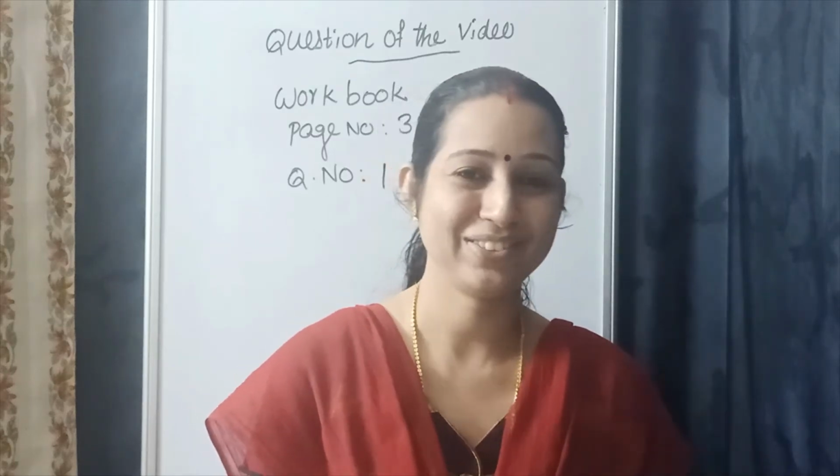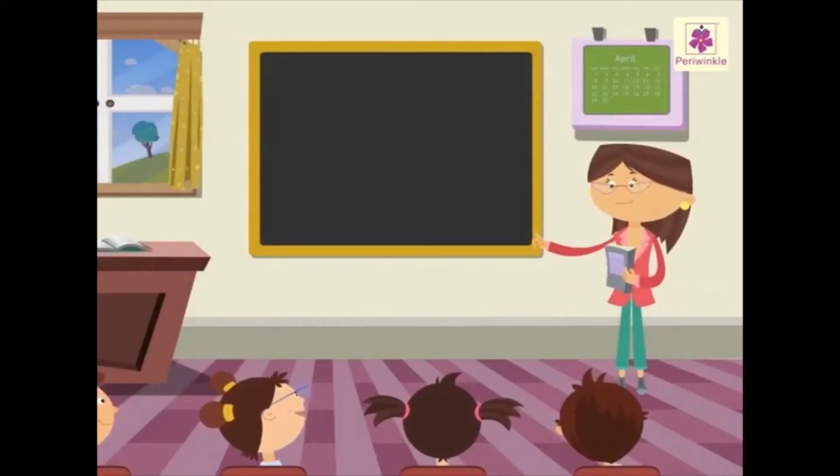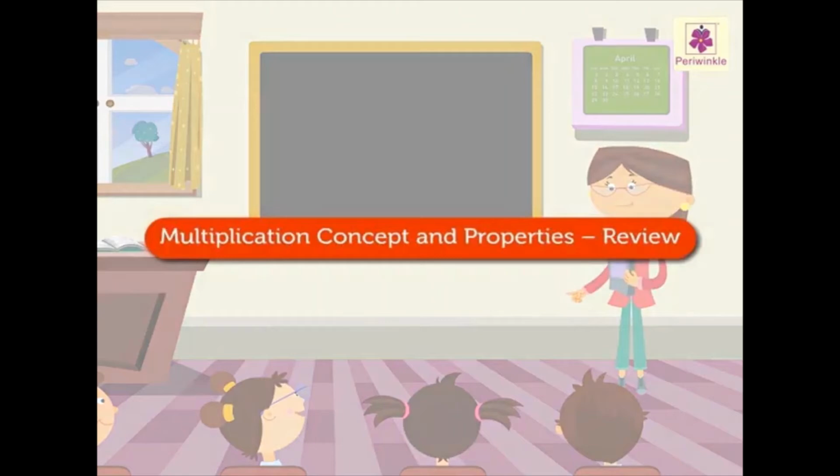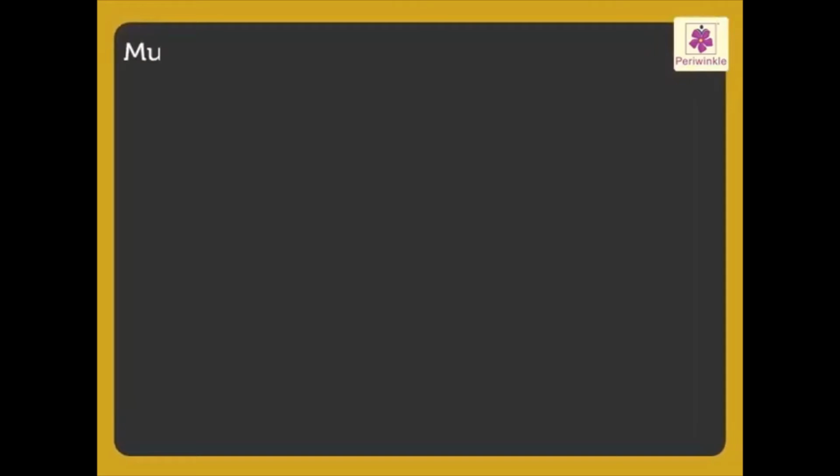Okay, thank you. You have already learnt the multiplication concept and properties in the earlier grades. Today, let us review both the concept and properties. Look at the board. We all know that multiplication is repeated addition.